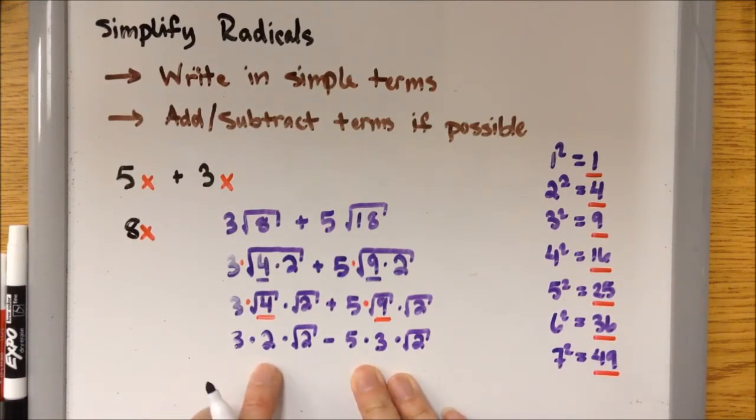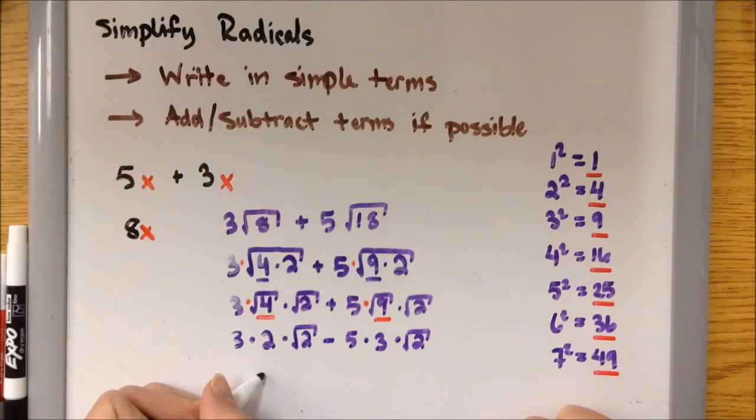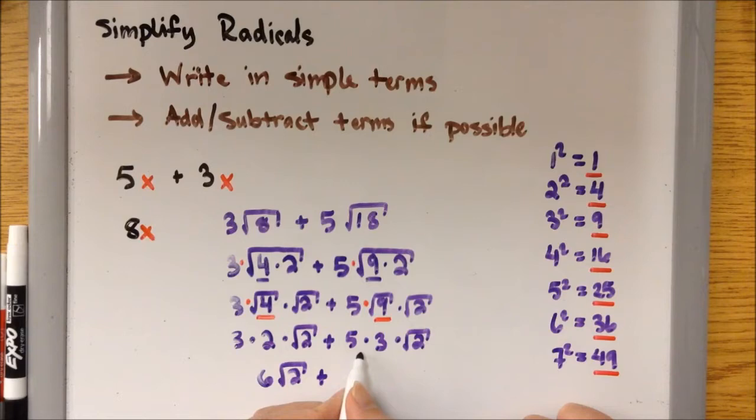So 3 times 2 is 6, square root of 2. Oh, this is supposed to be plus, my mistake. Bring down the plus. Then here, 5 times 3 is 15. Then multiply with the square root of 2, so square root of 2. Now, to review, 3 times 2, that's how we got to 6. And then 5 times 3, that's how we get to 15.